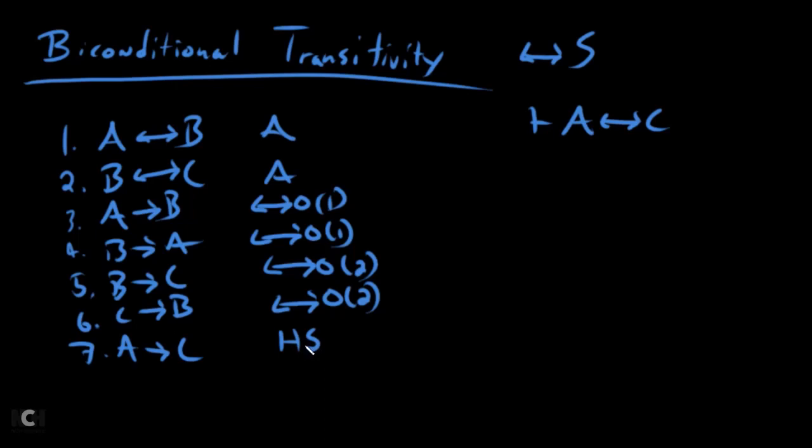This actually saves us some space. And then we could also say in line 8, C arrow A. Another hypothetical syllogism from 6 and 4.